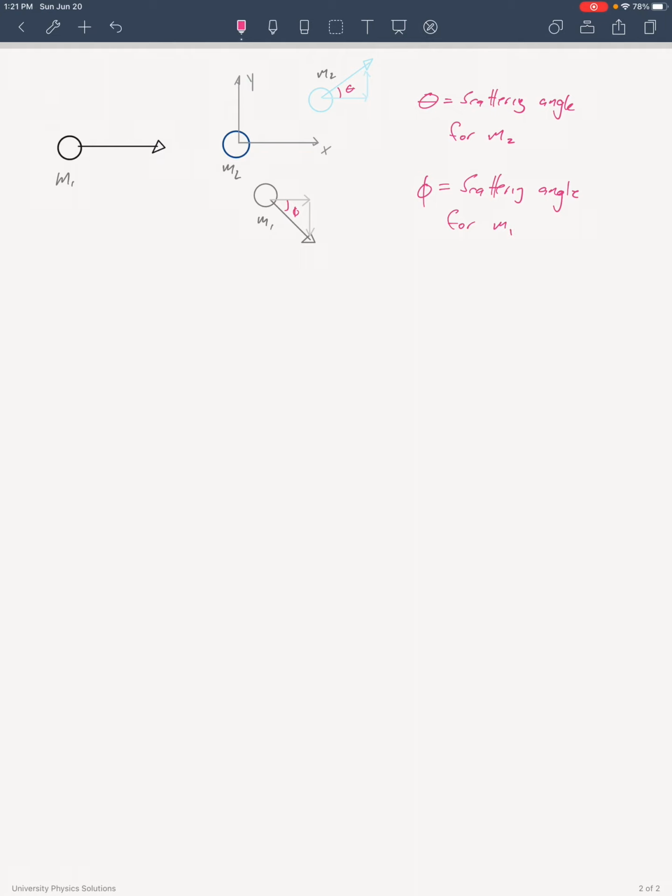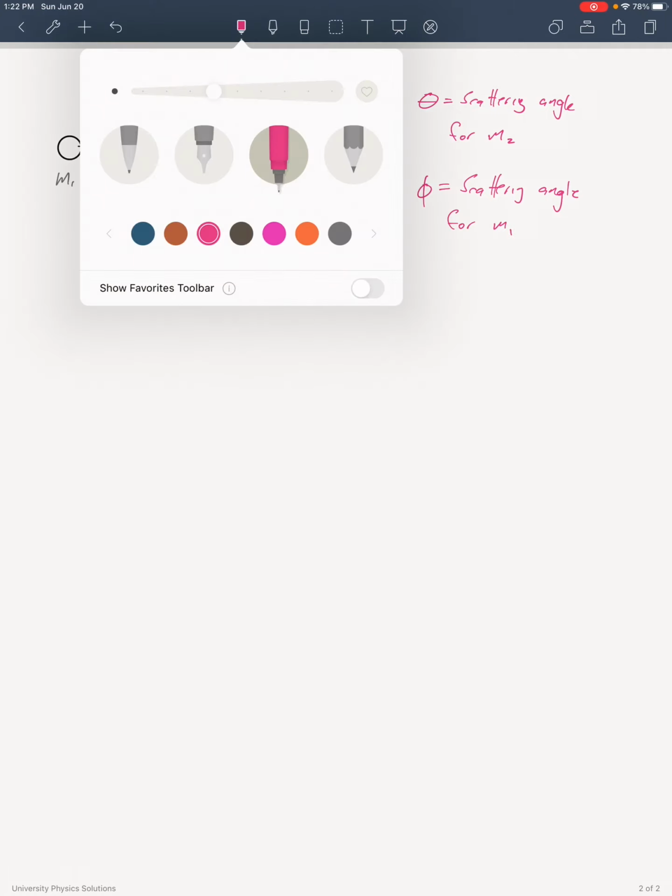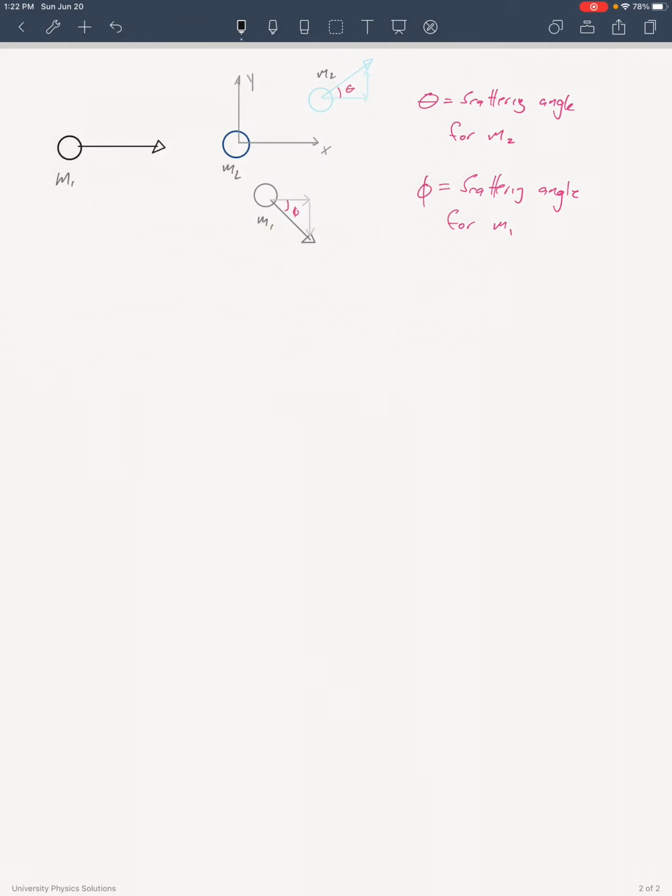Okay, now I'm ready to put in my conservation of momentum equations. Which means that my momentum before the collision has to be equal to my momentum after the collision.